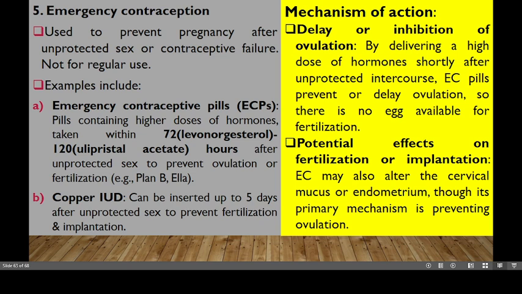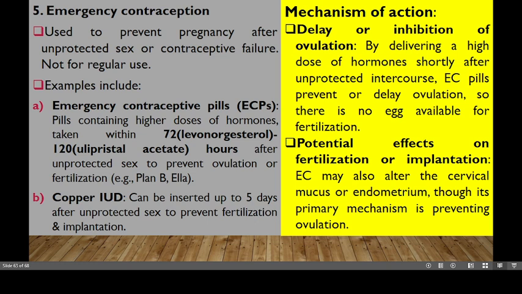Next we have emergency contraception, and this one is used to prevent pregnancy after unprotected sex or contraceptive failure. This one is not for regular use, right? So we have emergency contraceptive pills containing higher dosages of hormones, taken within 72 hours, like levonorgestrel, or 120 hours, like ulipristal acetate, after unprotected sex to prevent ovulation.